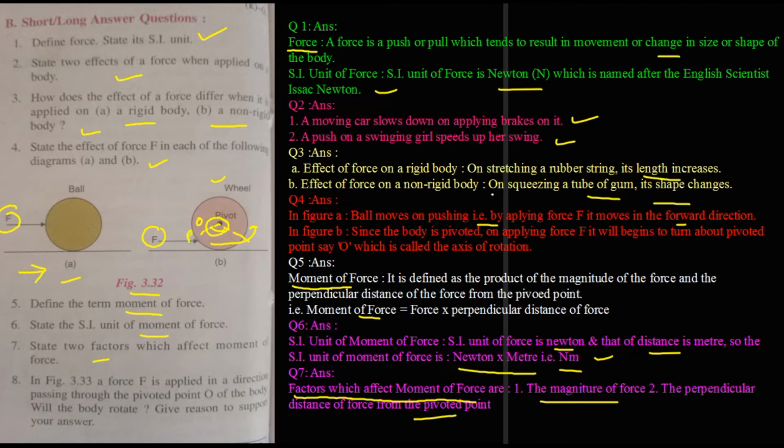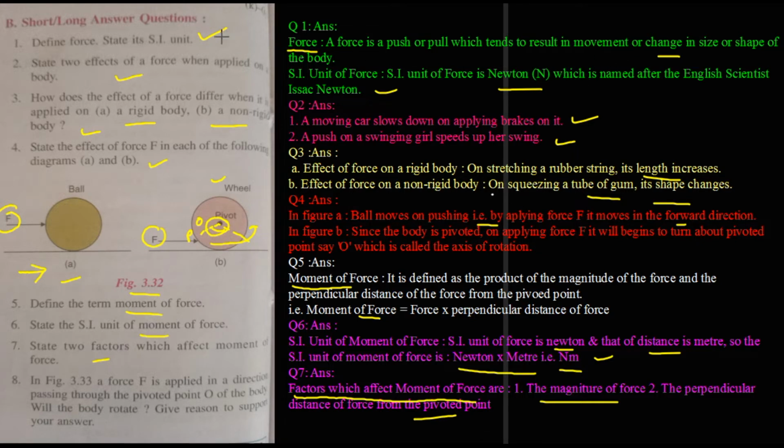We will say it is the perpendicular distance. So the magnitude of force, how the force is applied, and the perpendicular distance, from where up to which point the force is applied.